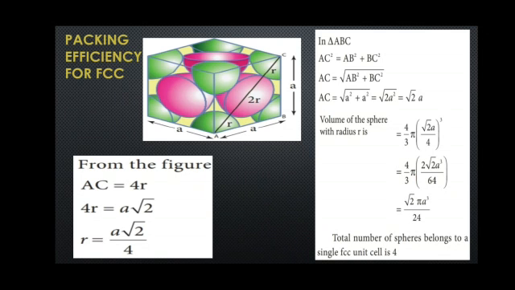In the numerator, root 2 cube: root 2 into root 2 into root 2, which means 2 root 2, since root 2 times root 2 gives the whole number 2, then the remaining root 2. So 2 root 2 a cube divided by 64. After simplifying with the pi value 3.14 or 22 divided by 7, you will get the answer as root 2 pi a cube divided by 24.